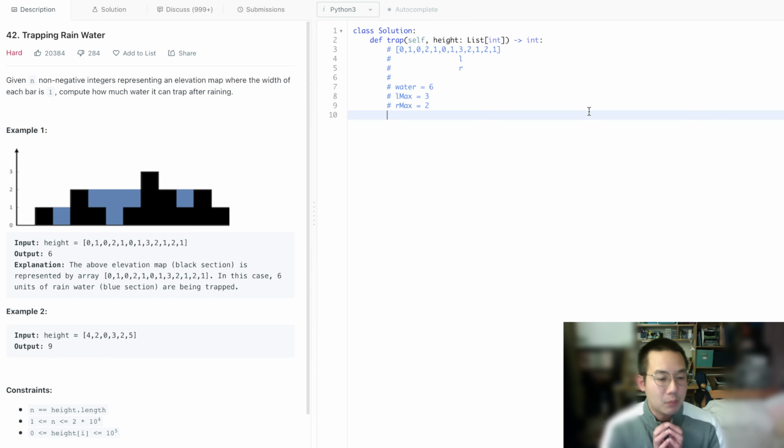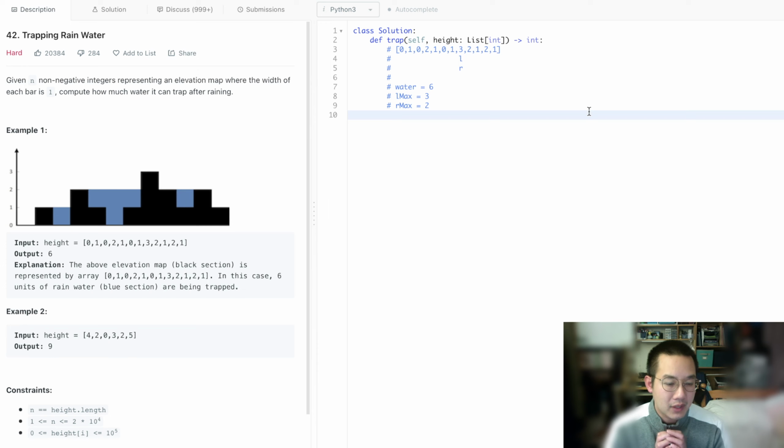So one thing you might ask, before we get to the problem, is how did you come up with this solution? Like, how did you think of having a left max and a right max?